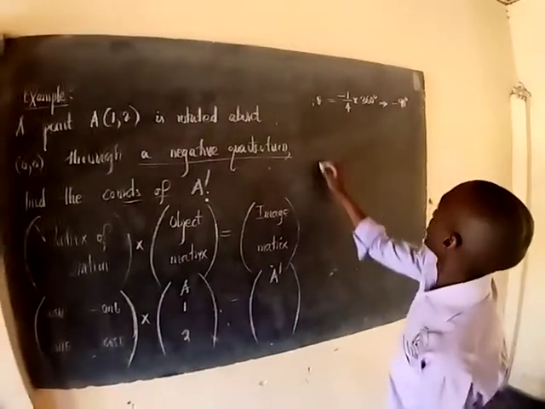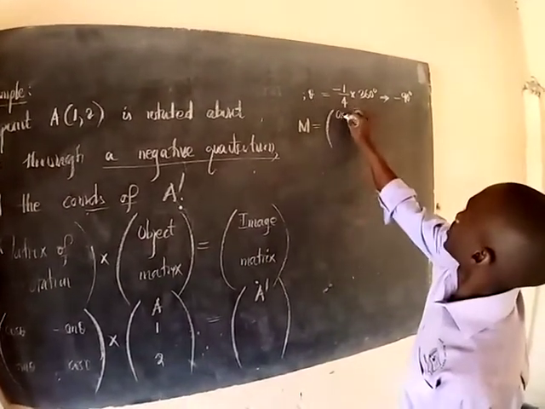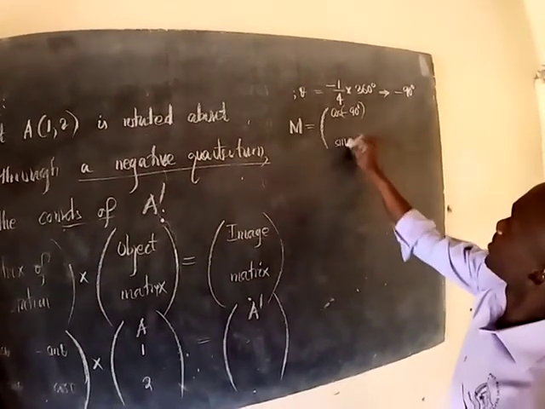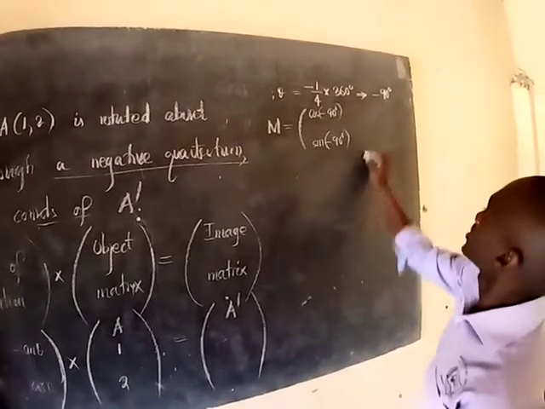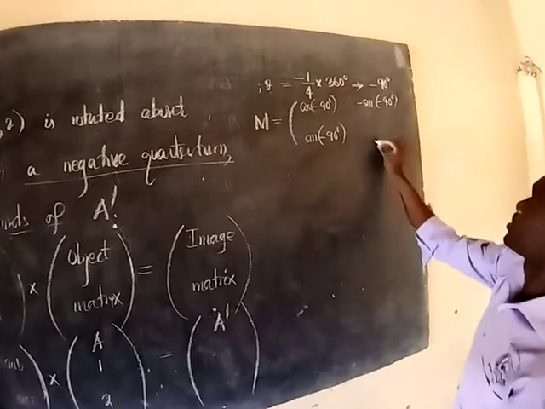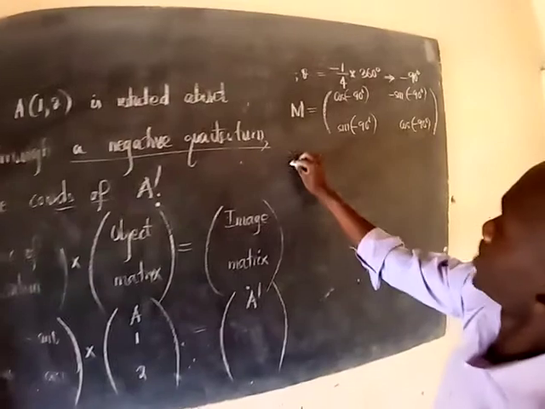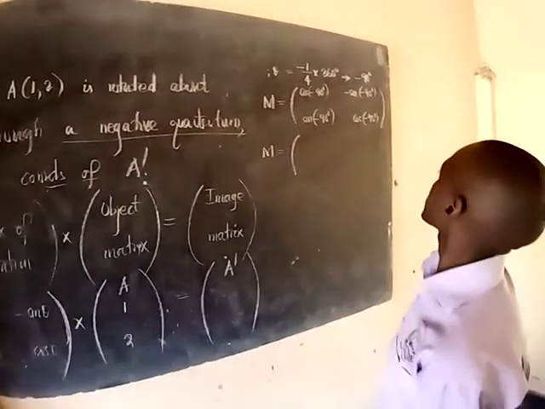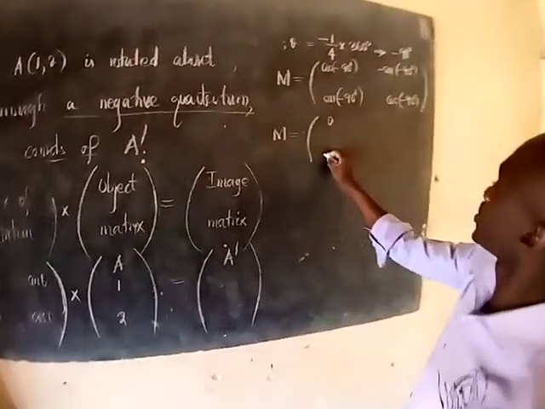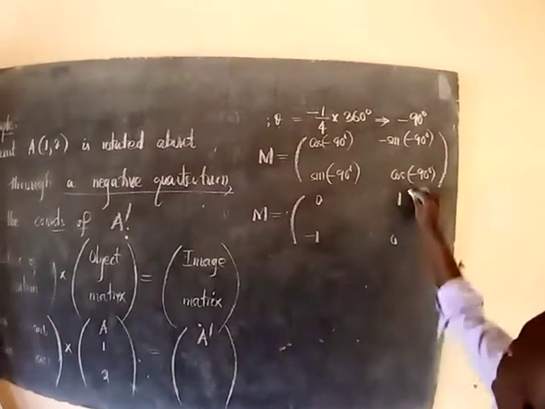So the matrix of rotation will be, as we substitute, cos of negative 90 degrees, sine of negative 90 degrees, negative sine of negative 90 degrees, and cos of negative 90 degrees. The matrix then becomes 0, negative 1, 1, 0, if you check with your calculator.